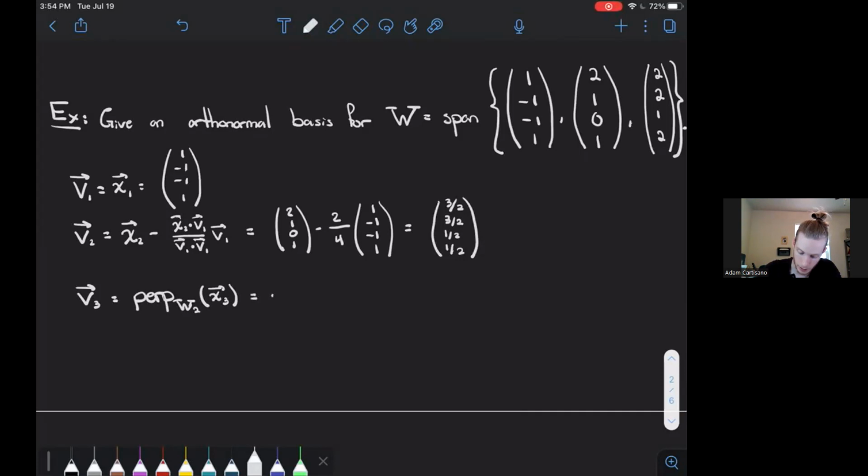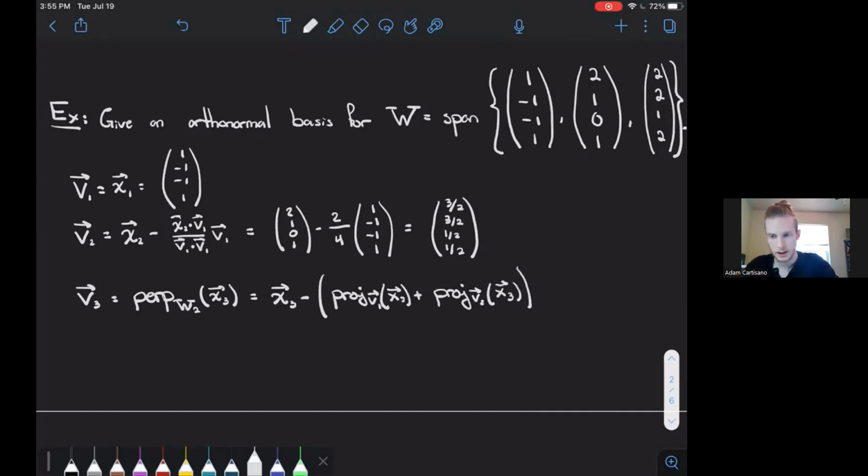Which is also just x3 minus the projection onto v1 and v2, well, both: proj v1 of x3 plus proj v2 of x3.